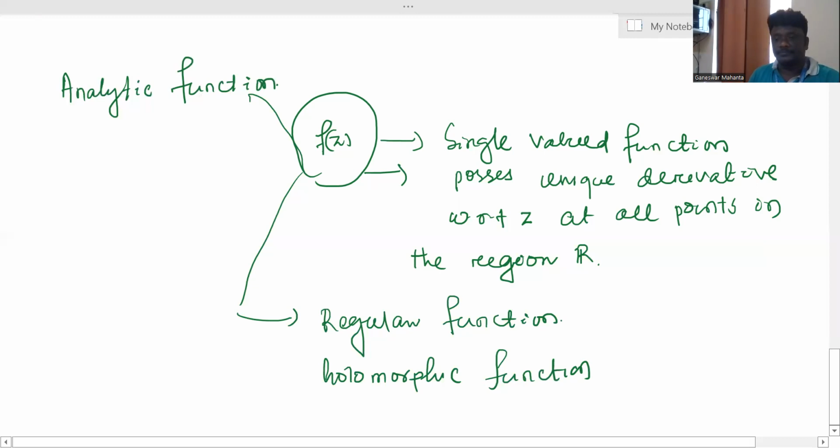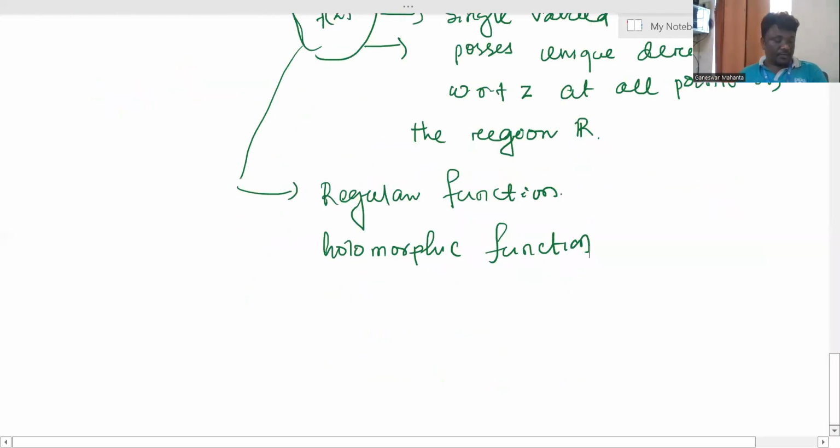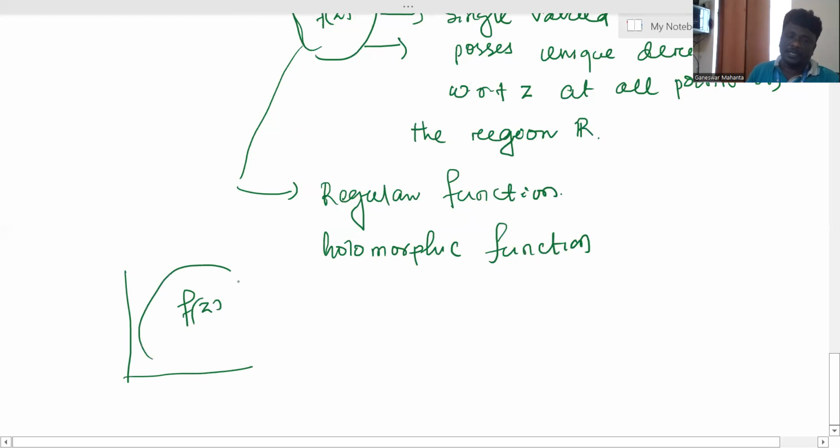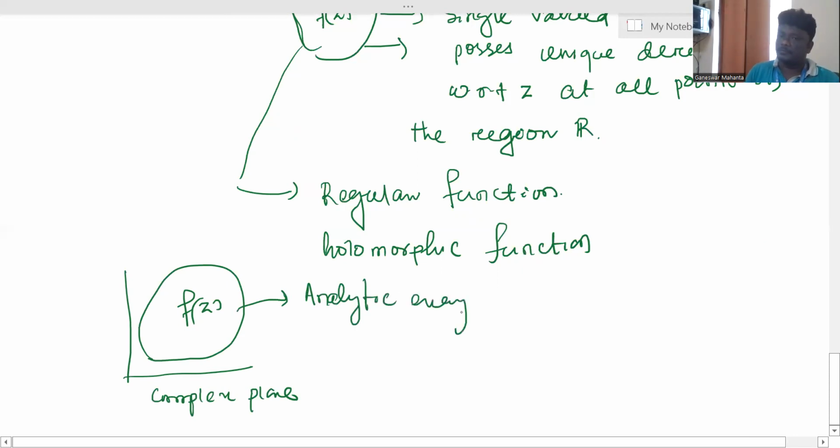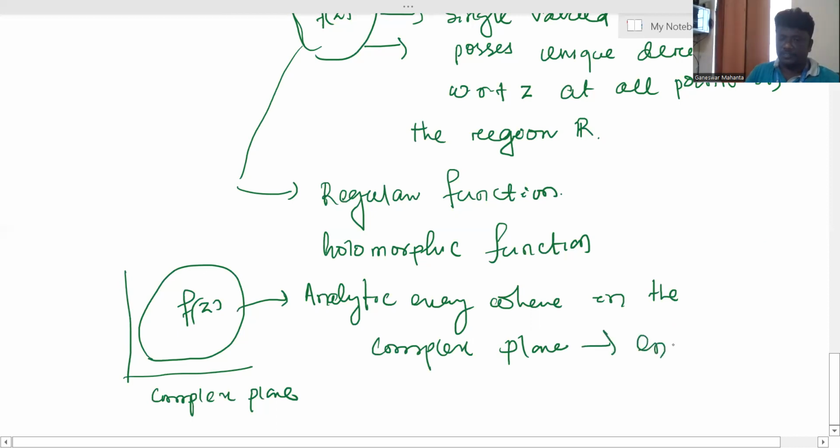The entire functions are also there. We can say that a function f of z which is analytic everywhere in the complex plane is known as an entire function, and that is termed the entire function.